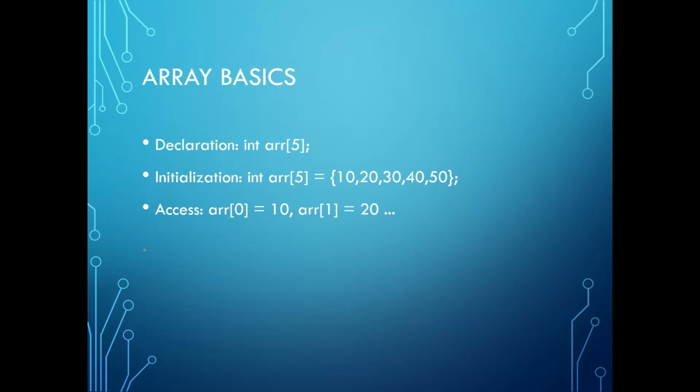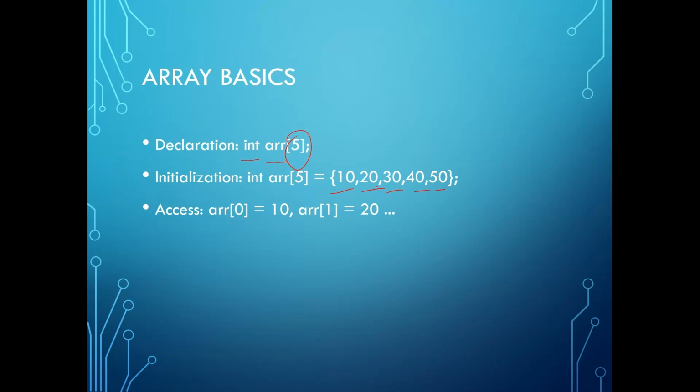Declaring an array, how do you do the declaration? You define the data type integer, then the array as a variable. Inside that variable you have five elements, for example 10, 20, 30, 40, 50. You always define these elements inside curly brackets.